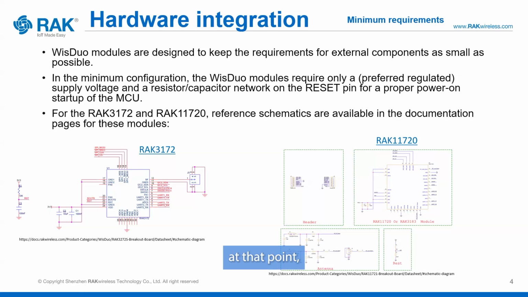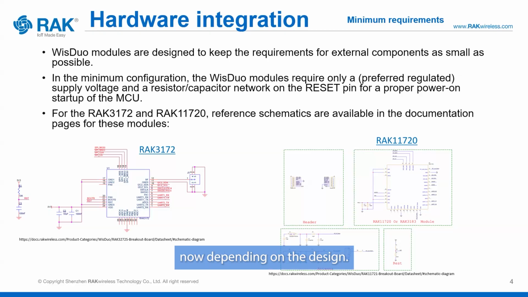At that point, it can already be connected over a serial connection, the UART, to a host controller, and work together with this host controller in a custom design. Same for the RAK11720, the Apollo3 module, which is a little bit more powerful than the RAK3172, and it has, in addition, a Bluetooth connection available.